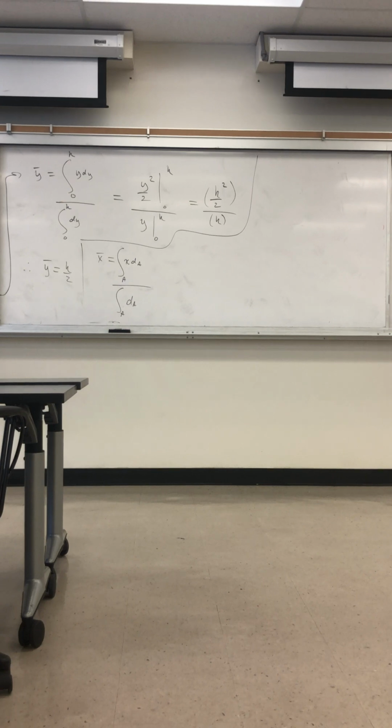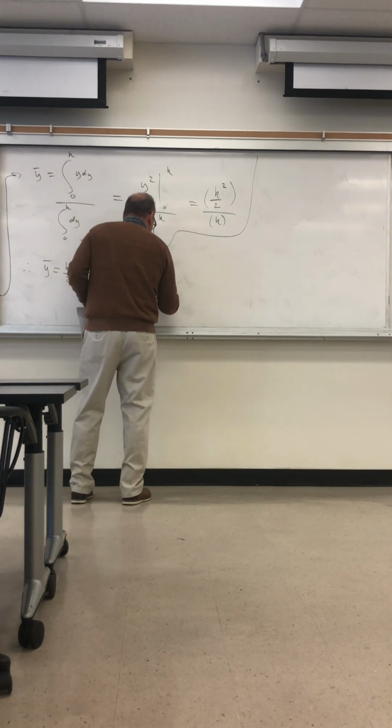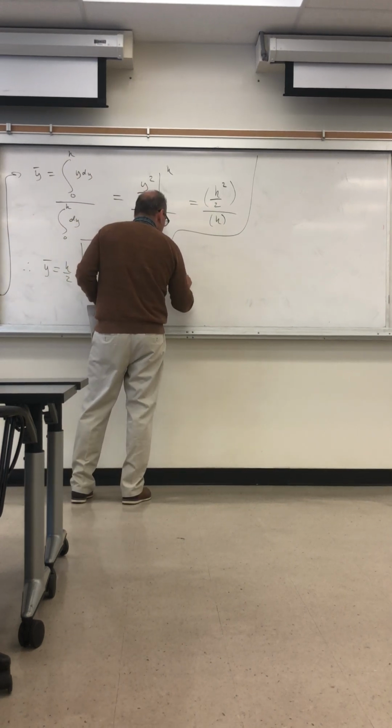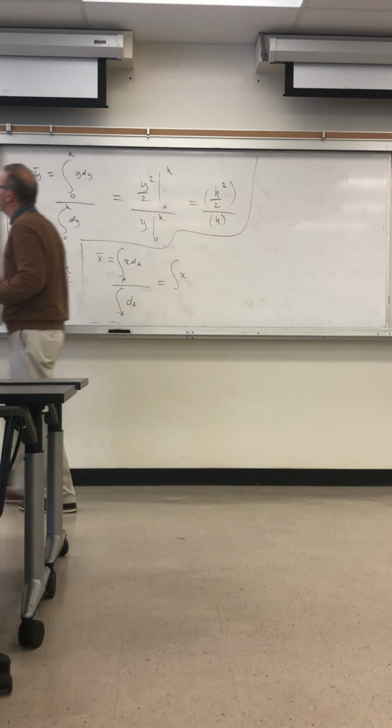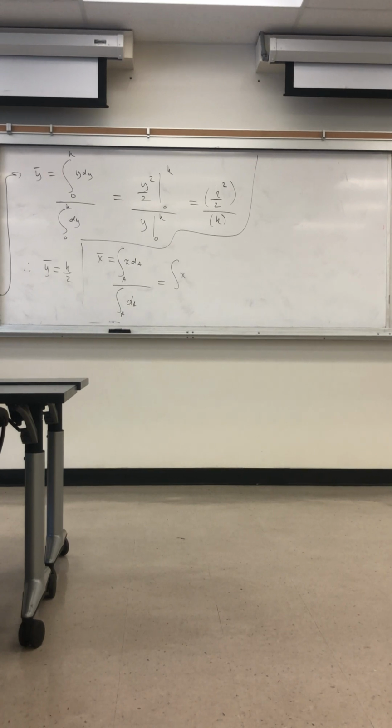x bar is the integral of x dA over the area, which is the integral of dA. Now the dA, instead of this differential area, we're going to write it like this. This is equal to the height, h, multiplied by dx, whereas before it was b dy.